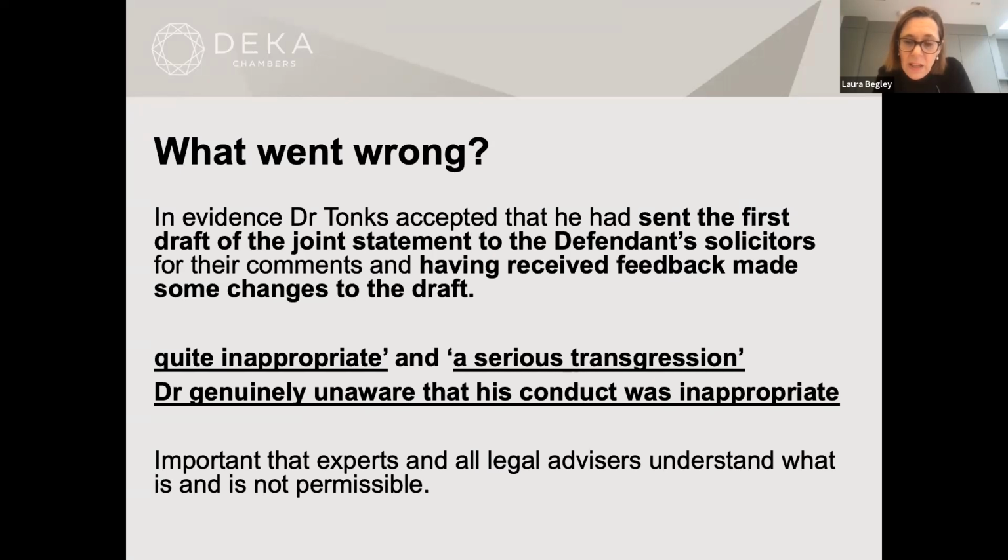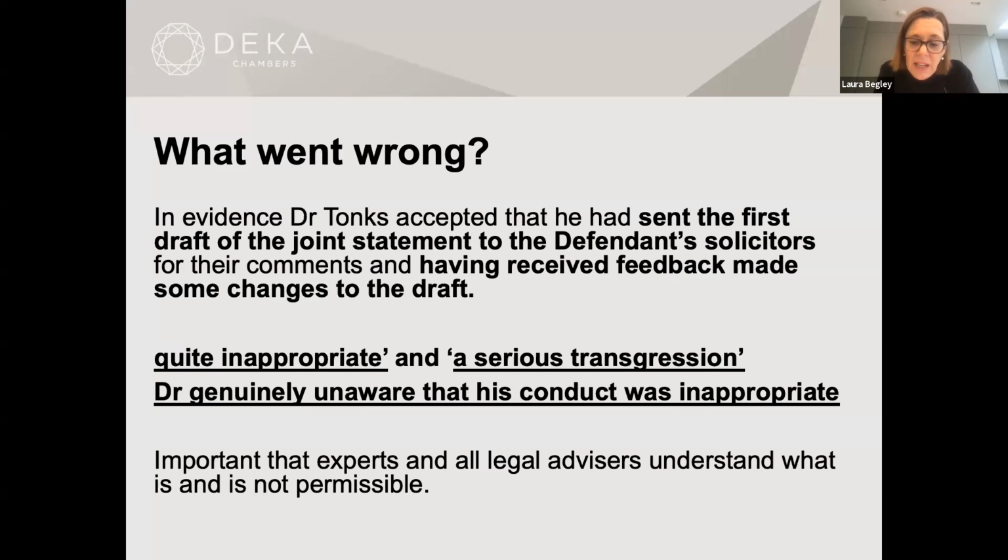What he'd done was the defence solicitors had made some suggestions, and he added some further material. So he hadn't substantially modified his opinion, but after the discussion, he'd made some additions to the report in relation to whether or not the defendant's investigation had been the main investigation in the case, which was an issue in the case.